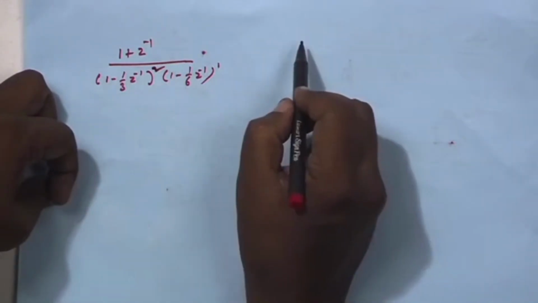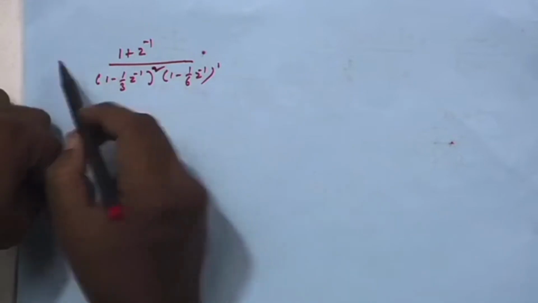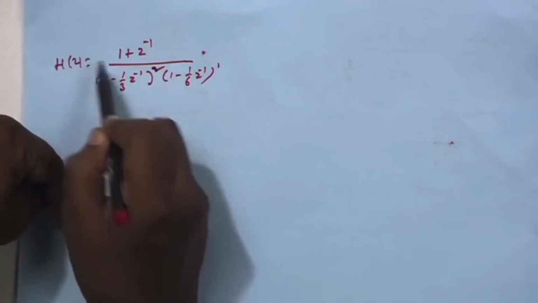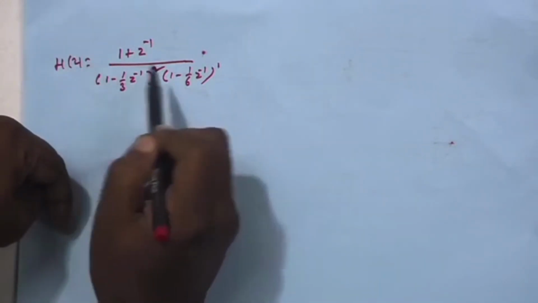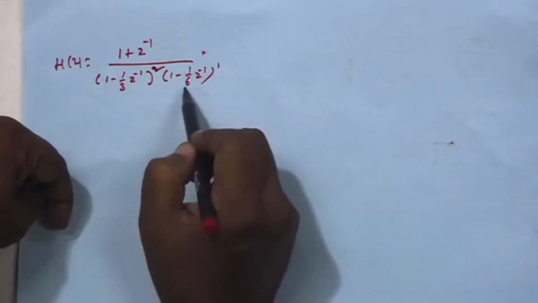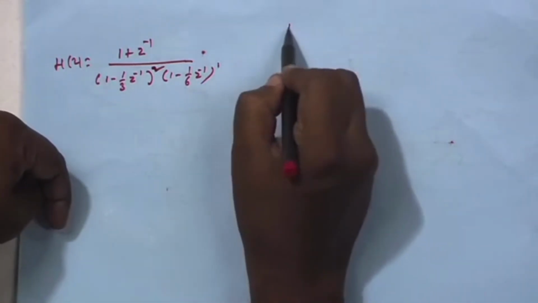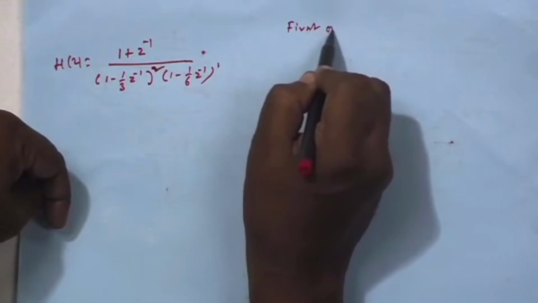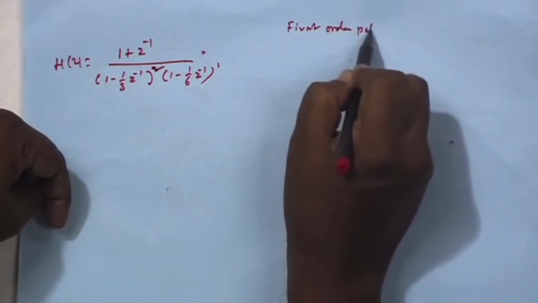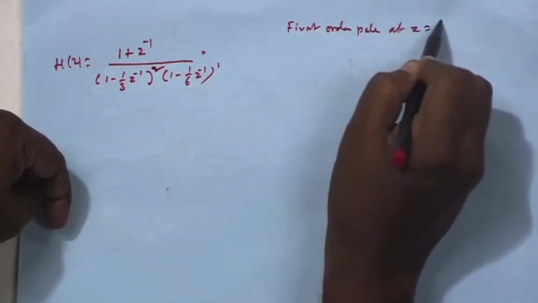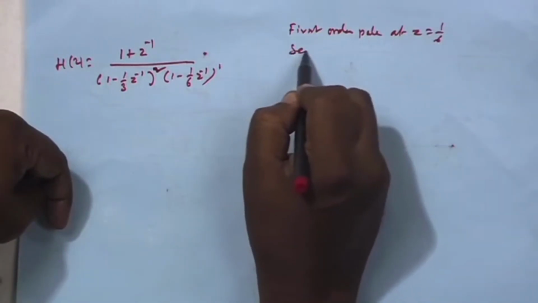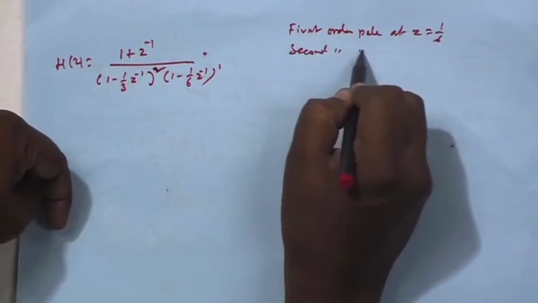We say H(z) has a pole at z equal to 1 by 3 of order 2, second order pole, and it has a first order pole at z equal to 1 by 6.